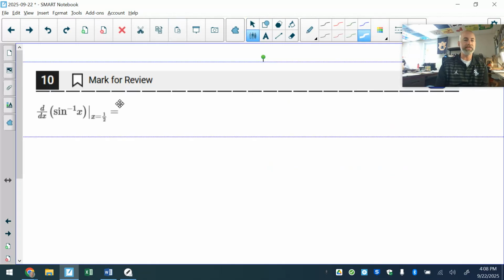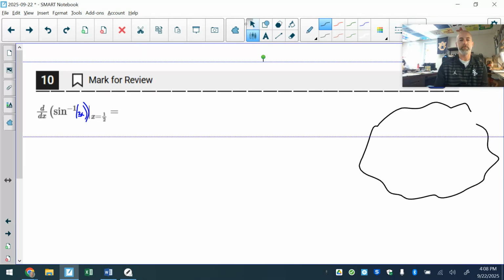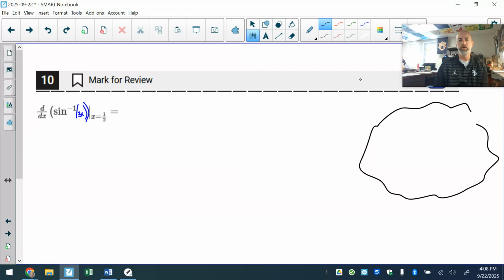So let's just say instead of inverse sine of x, we're inverse sine of 3x. So I'm going to make that a 3x instead of just an x. Now, I'm still thinking about my memorized derivative for inverse sine, which is 1 over the square root of 1 minus x squared.